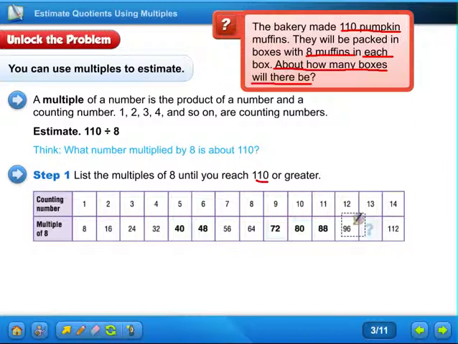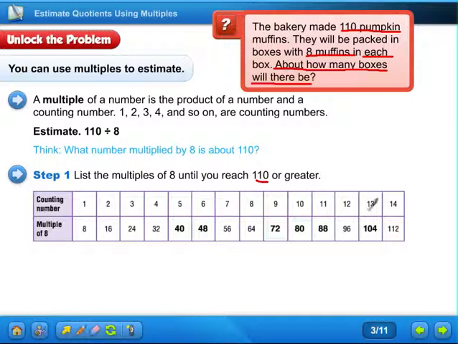Are we there yet? We need to keep going, huh? We're trying to get to that 110. 13 times 8 is 104. 14 times 8 is 112.